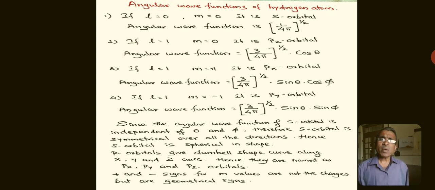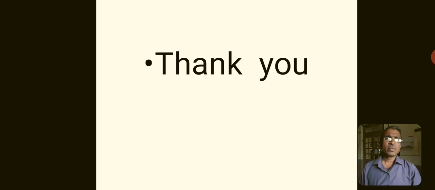The plus and minus signs of the magnetic quantum numbers are not the charges or the mathematical symbols. These are just to represent the geometrical signs. Hence the plus and minus signs for m values are not the charges but are geometrical signs.